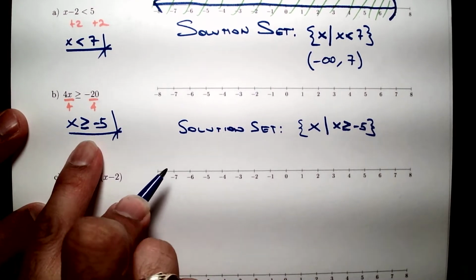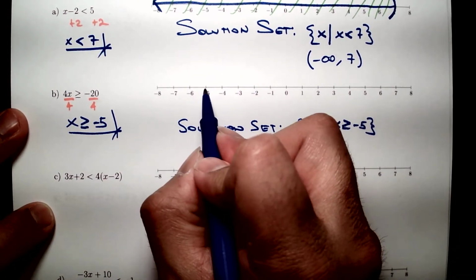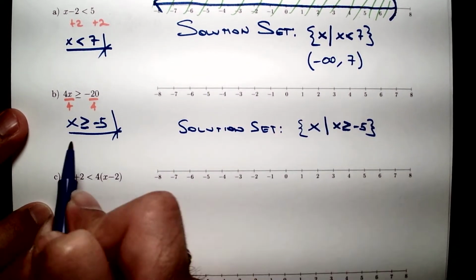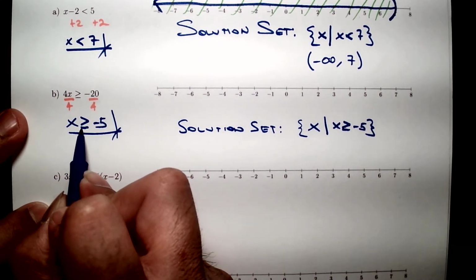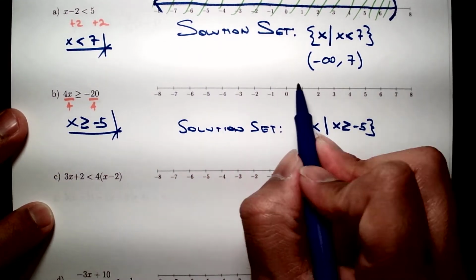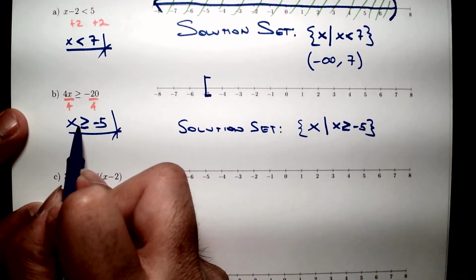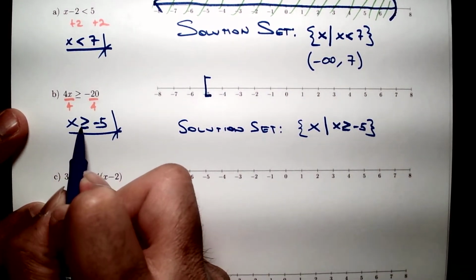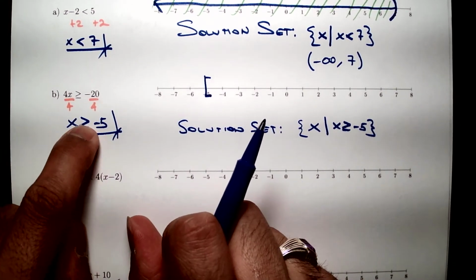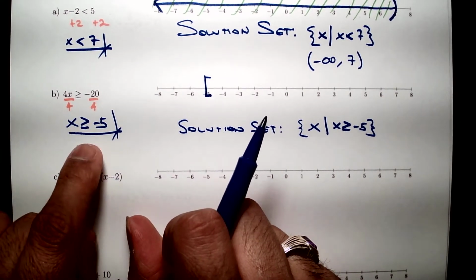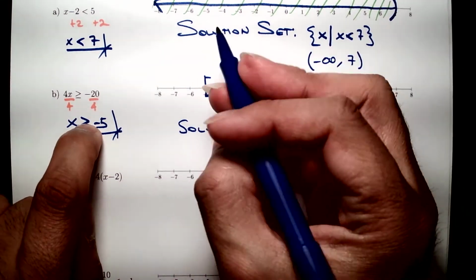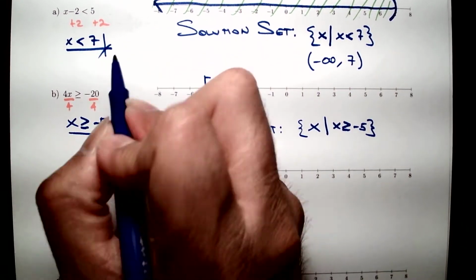Now, what does that represent? Well, we're going to go to negative 5, which is right here. In this case, greater than negative 5 means towards the right. And in this case, we use a bracket, because we have the greater than or equal. If we didn't have this equal part, it would have been parentheses, just like the previous case.